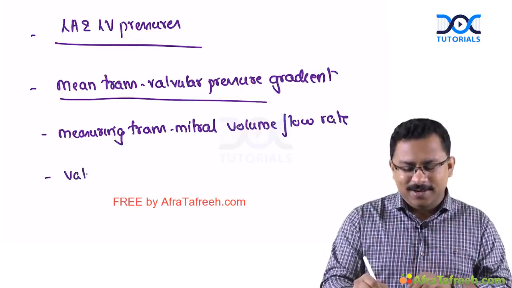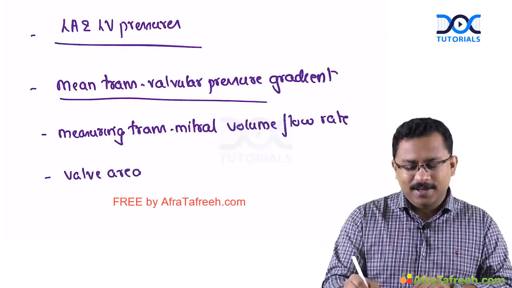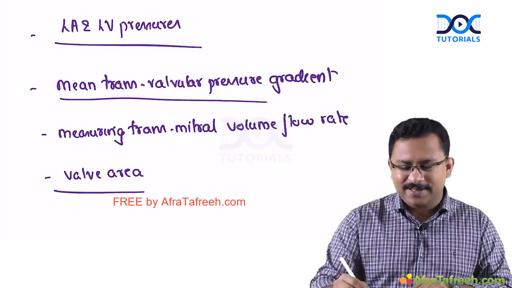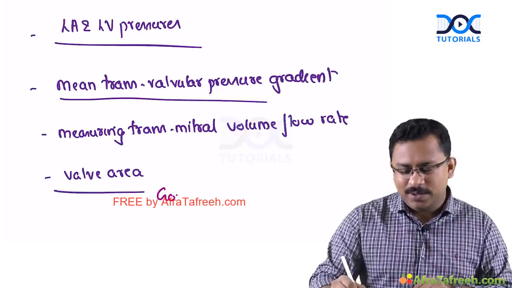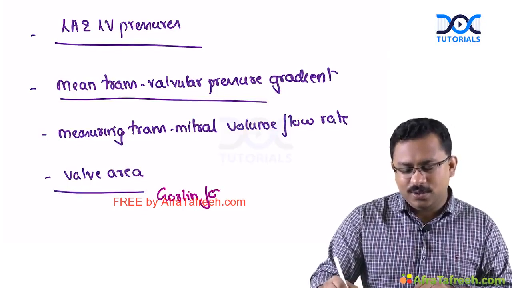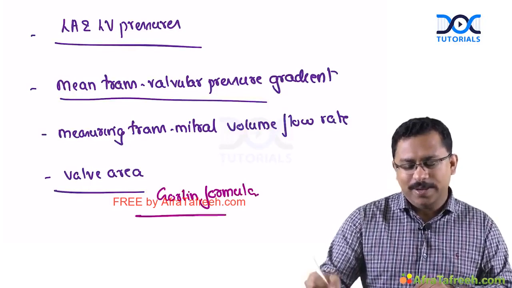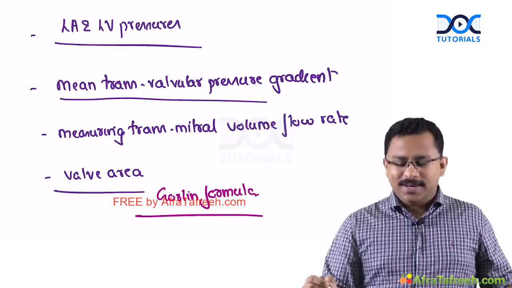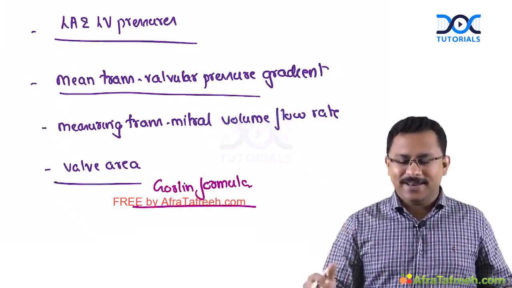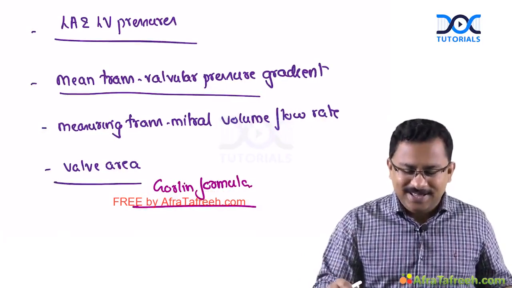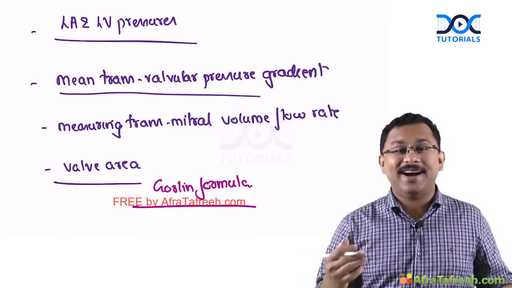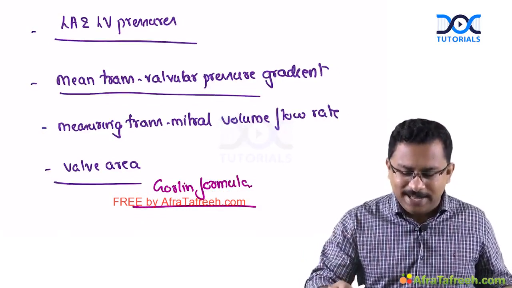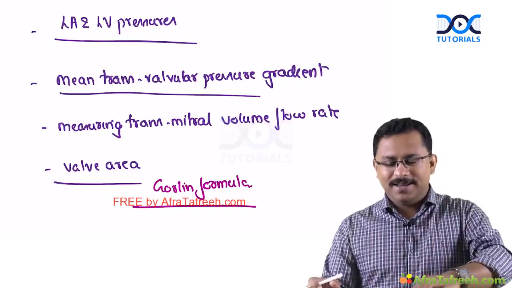If you want to make a valve area assessment, that is also possible. In fact, there is a formula known as the Gorlin formula which is going to help you for that. So it will help you to identify the valve area. So these are the utilities of cardiac catheterization. I hope that part is very clear.